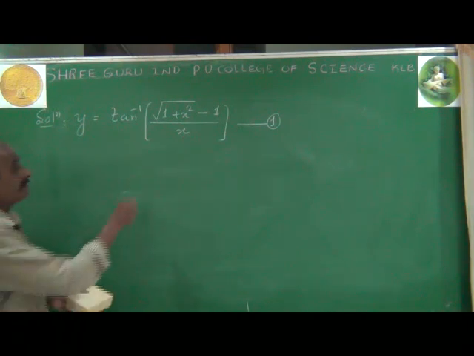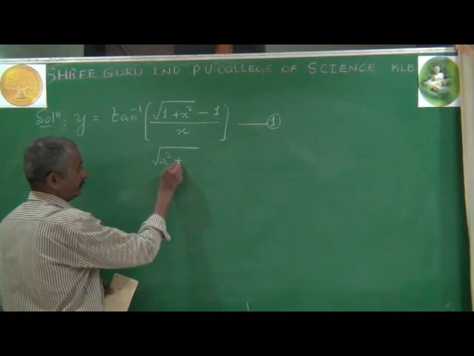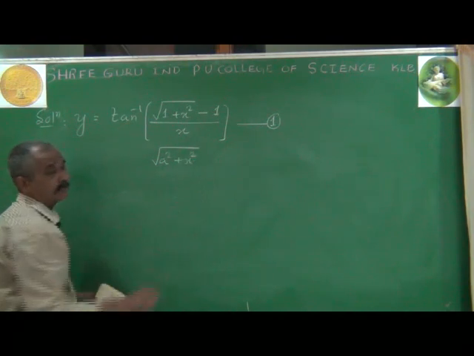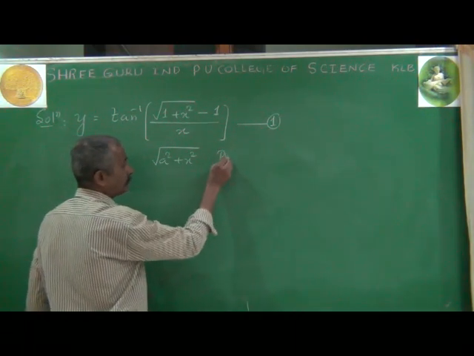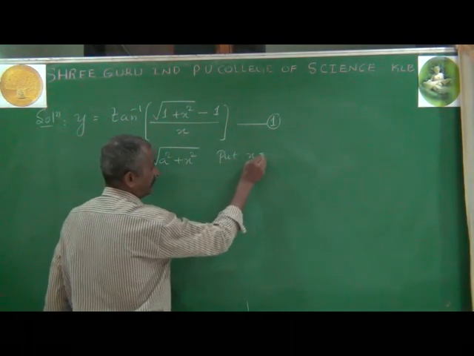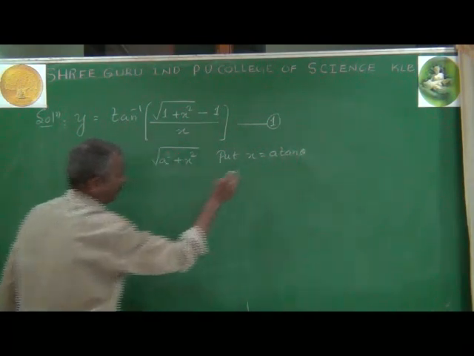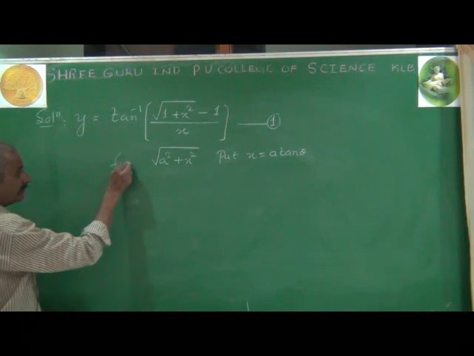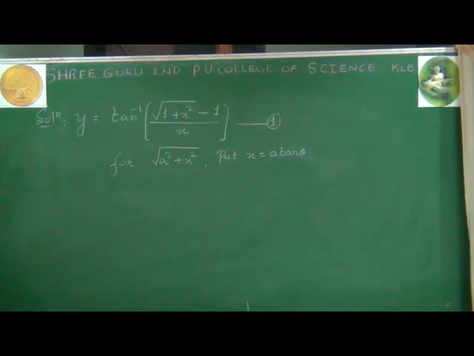Recall, whenever we have a term root of a square plus x square, we need to put x equal to a tan theta. For an expression like root a square plus x square, the substitution from the table is x equal to a tan theta.